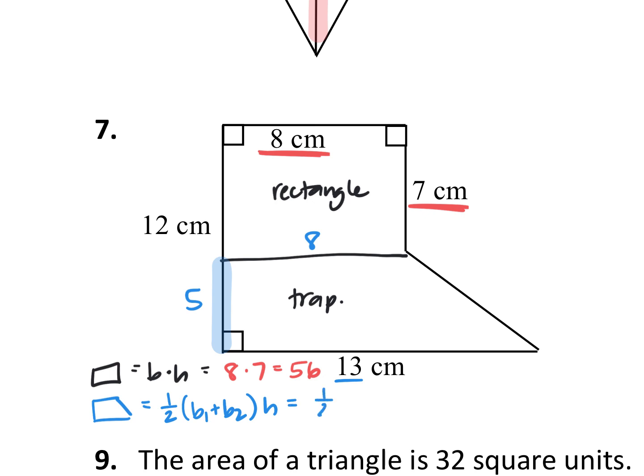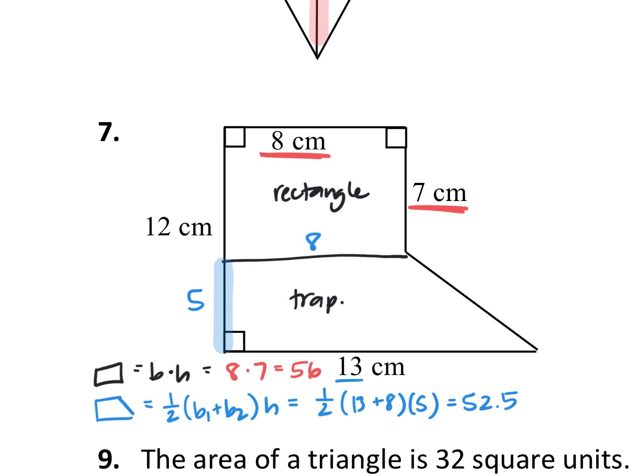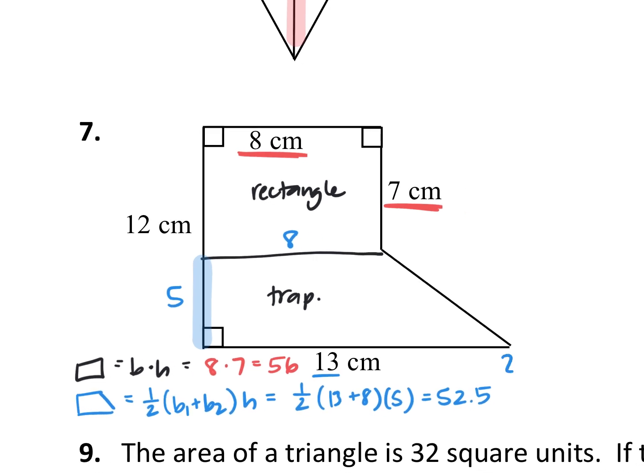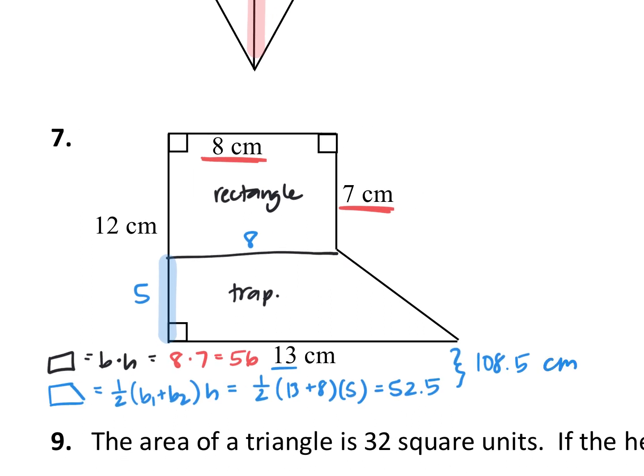So I've got 1/2 times 13 plus 8 times 5. And if we plug that in the calculator, we get 52.5. So together, I add these, and I get 108.5 centimeters squared. And I know the instructions said to round to the nearest hundredth, but that's only if we need to. If it comes out nicely at the 10th, that's fine.